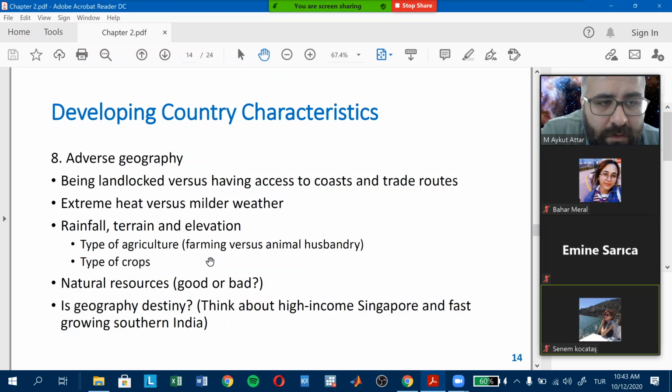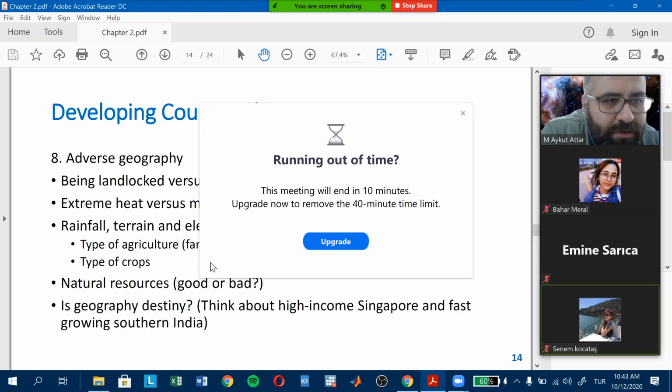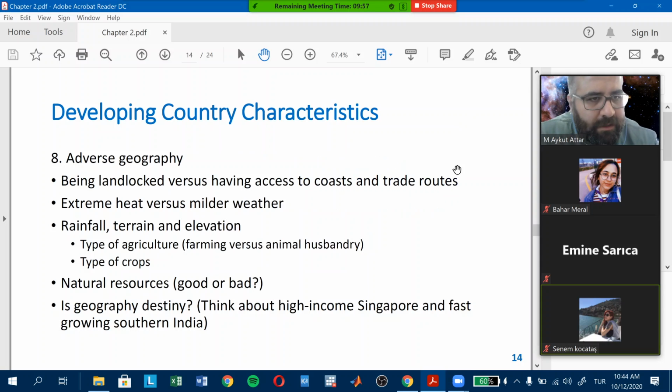Now, rainfall, terrain, and elevation also matter, because these simply determine the type of agriculture you can do and the type of crops you can grow. There is also a natural resources problem.